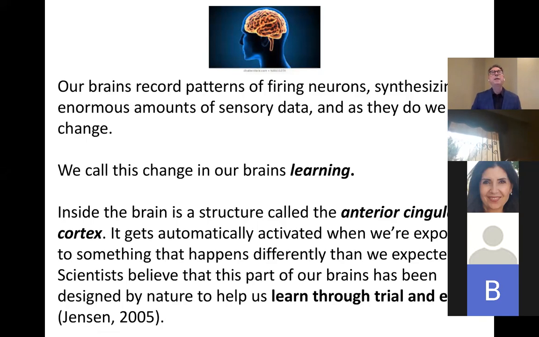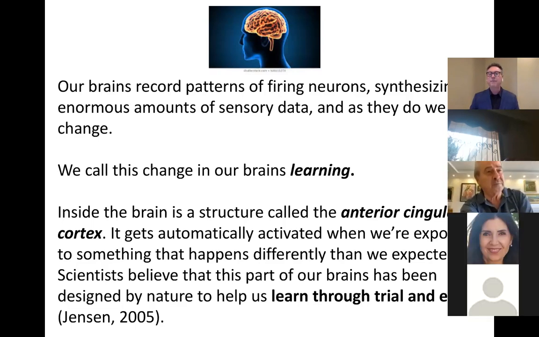So I wanted to know, where is this happening? I'm a very visual person, so I wanted to know where in the brain all of this learning happens. And it turns out that it happens in a specific area, the anterior cingulate cortex. As we have evolved, that's where we have the specific capacity to learn, and we learn by trial and error.